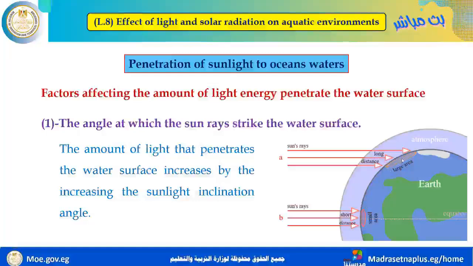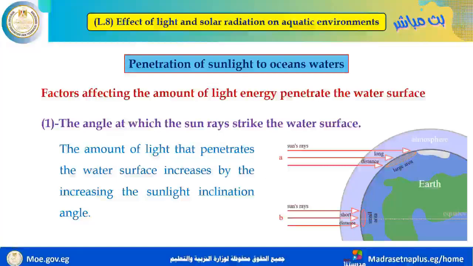So it cannot penetrate for a long distance inside the water of the seas or the ocean. So the angle at which the sun rays strike the water surface is a very important factor in penetration of the sunlight into the ocean's water. Okay, I think it is very clear.